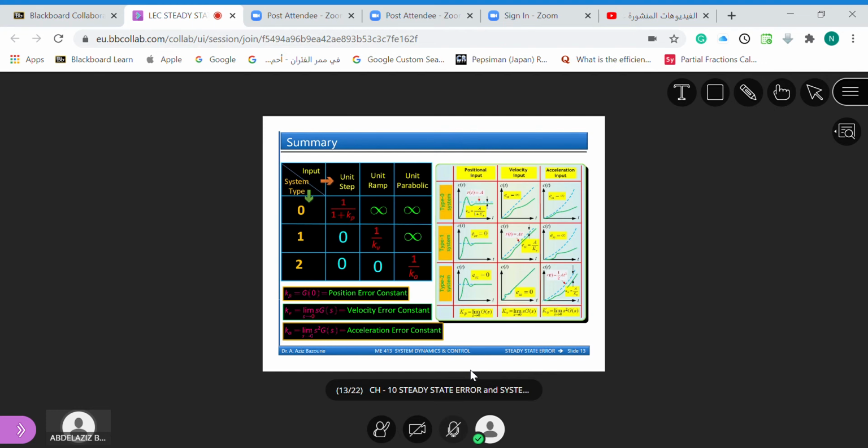Type 3 is beyond the level of the course we are studying in control. This is what we find: 0, 1, 2, unit step, unit ramp, and unit parabolic. These are the ones that have applications in the industry.